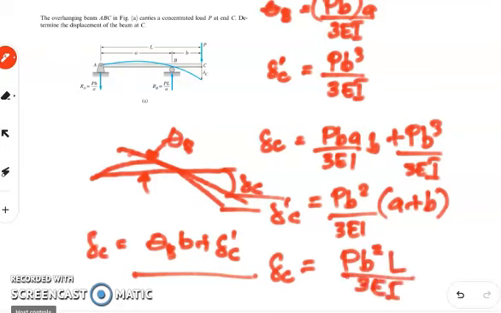This is downward. So we have our final answer. Take note that as we simplify, A plus B is equal to the length of the beam, so that is equivalent to L. So our final answer is PB squared L all over 3 EI. This is downward. That is the final answer for this particular problem.